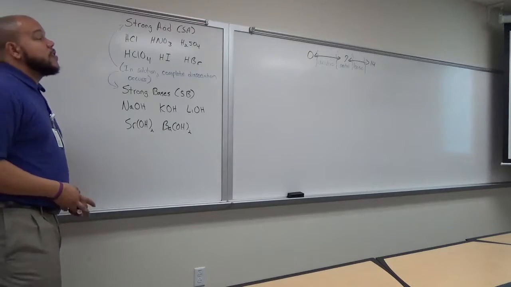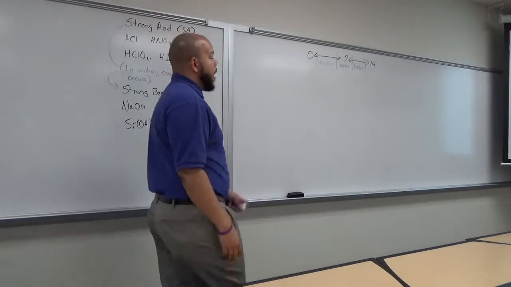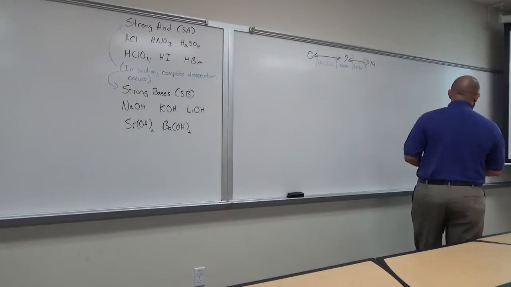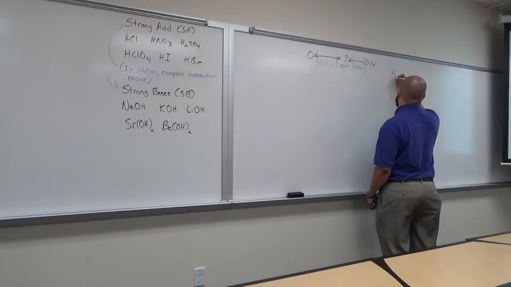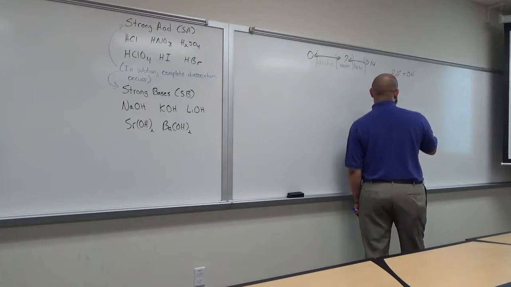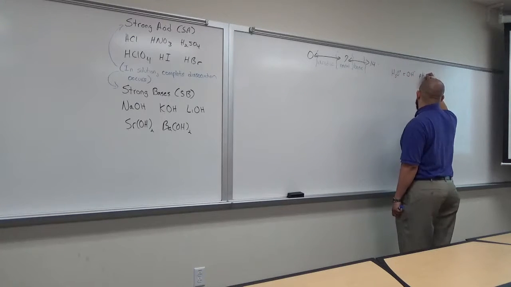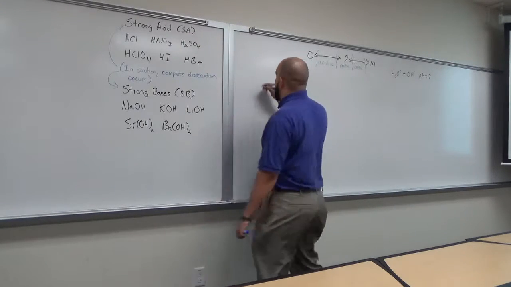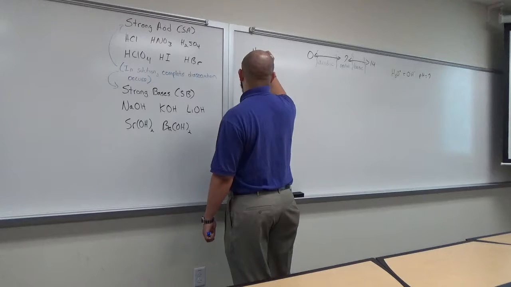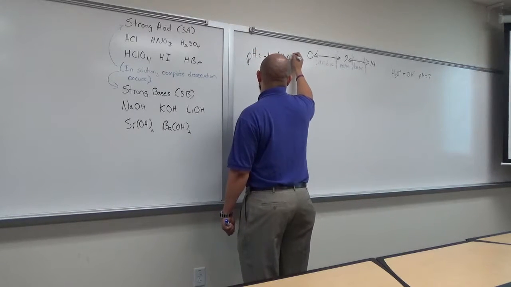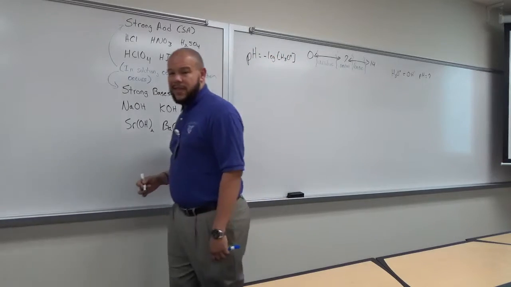If the solution is neutral, and I hate that they use this description, they should be using hydronium. If it is neutral, then H3O plus is equal to OH minus, and this means your pH equals 7. Anybody remember the equation for pH? Negative log of hydronium. Should also be on your reference material, I think. I don't know.